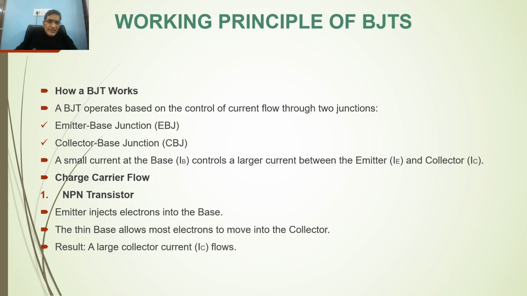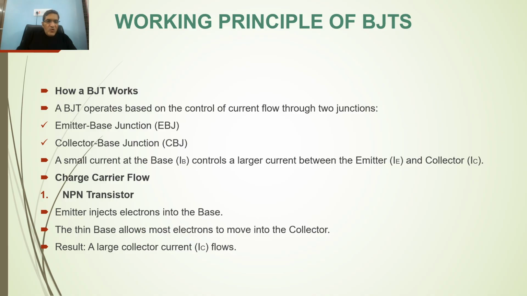Basically, a small current at the base region controls the current between emitter and collector. What does this point reflect? It reflects that the role of the base region is very significant, and by tuning the base region, we have controlling power over the collector current, and this plays a key role in the amplification action. We will discuss it later.